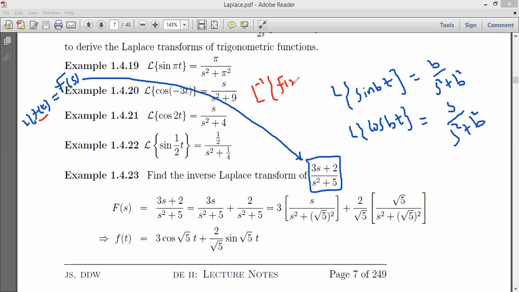If you have this, can we work backwards and get the f(t)? That's what we are trying to do here. In doing that, we can use our definition and straight away get there. And how do we accomplish that? We can get that one right here.